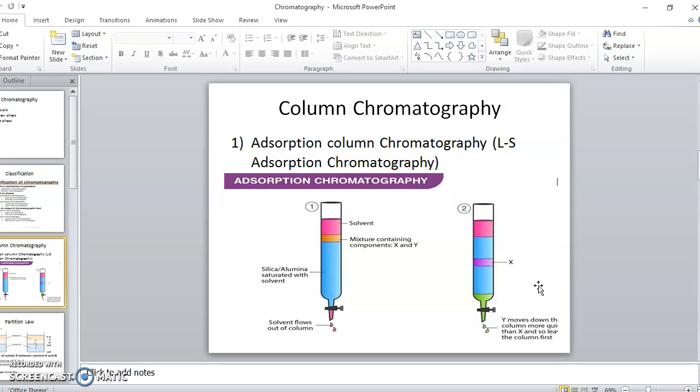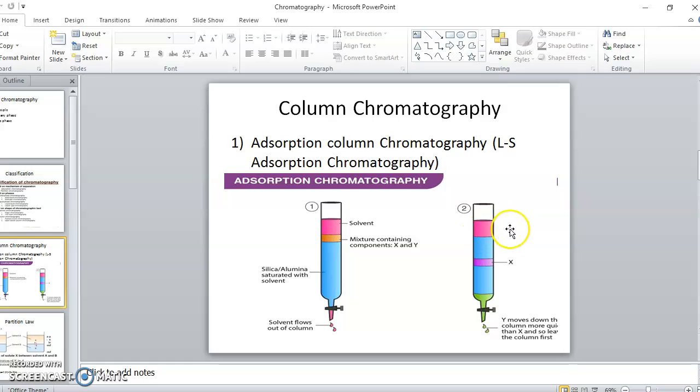Now once the components are adsorbed or separated over the stationary phase, what we have to do is separate the adsorbed components. Here you can see the component X is adsorbed over the stationary phase. Now we have to remove this component X from the stationary phase. So how is it possible?